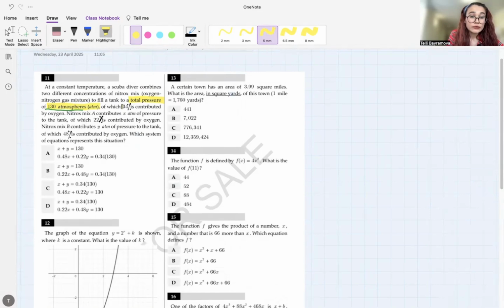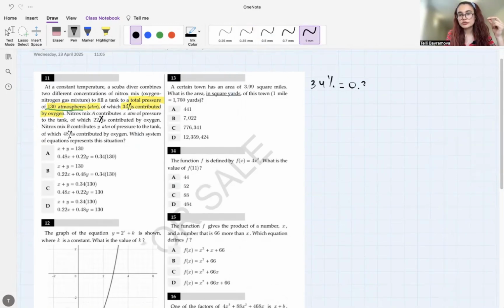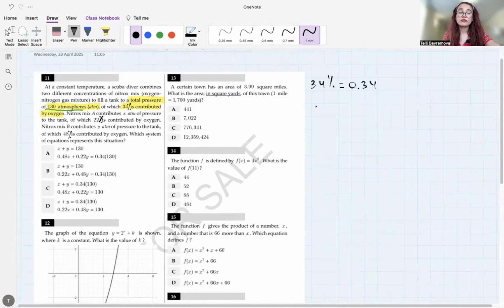Which 34% is contributed by oxygen? So 130 is atmosphere, and 34% of it is oxygen. So how can we write 34%? As 0.34. 34% of what? 130. That's why it will be 130 multiplied by 0.34.